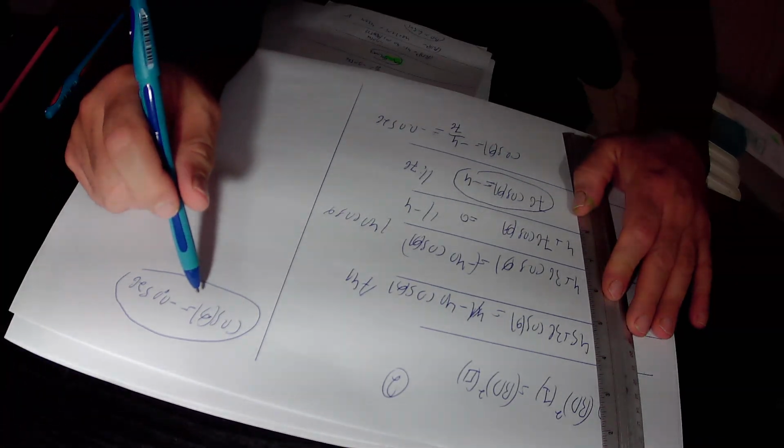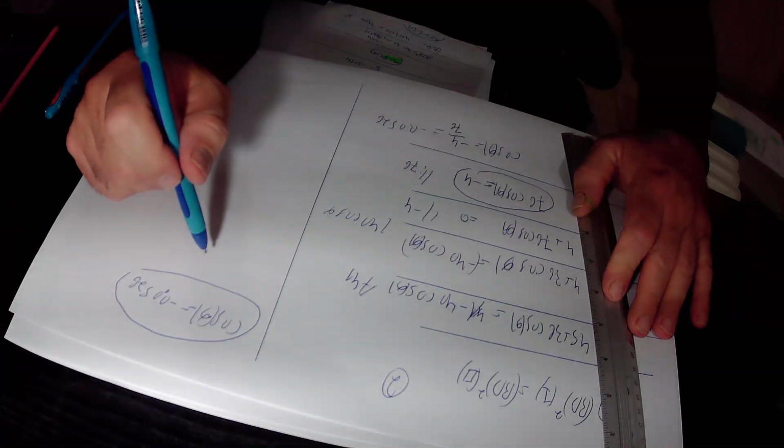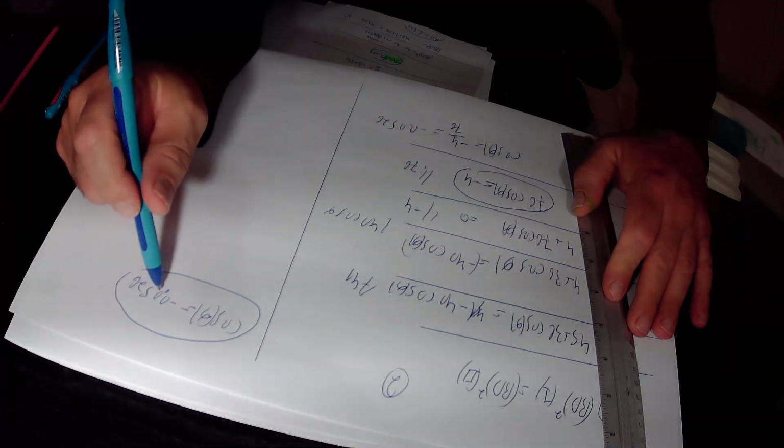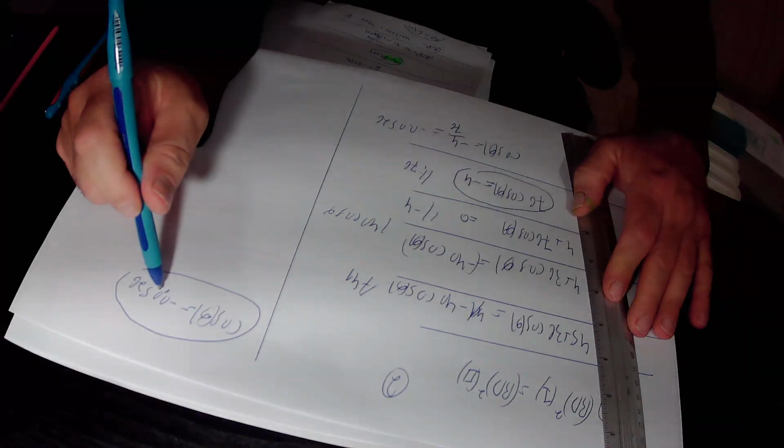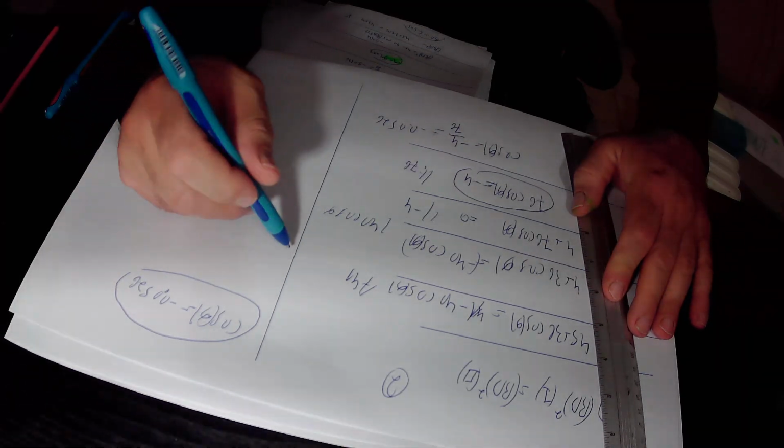In order to find the value of angle alpha itself, we just have to apply the inverse function of cosine on the result, that is minus 0.0526. In this way, we get the value of alpha itself.